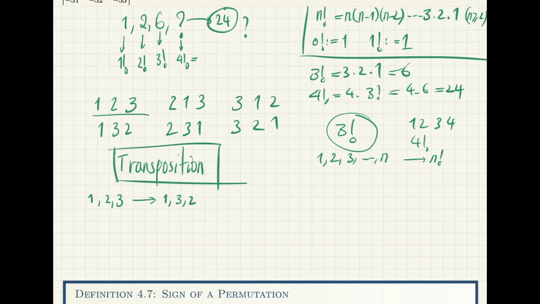For example, if I want to give you another one, 3, 1, 2 goes to 2, 1, 3. This transformation is also a transposition. Why? Because 1 is not touched, but 2 and 3 are swapped, and I get this one. So that's also a transposition. For example, 3, 1, 4, 2 goes to 3, 4, 1, 2. So let us check.